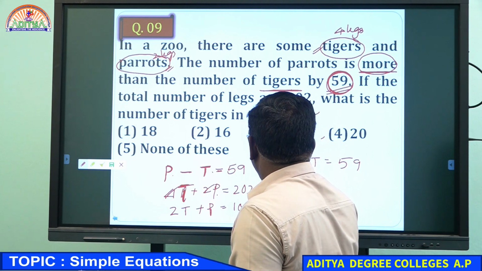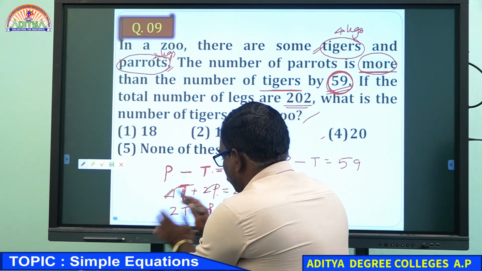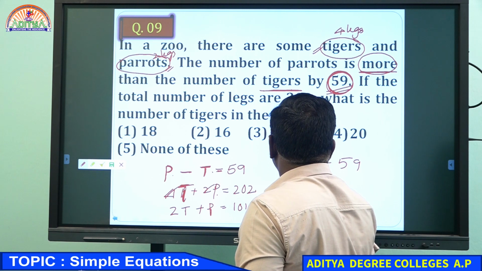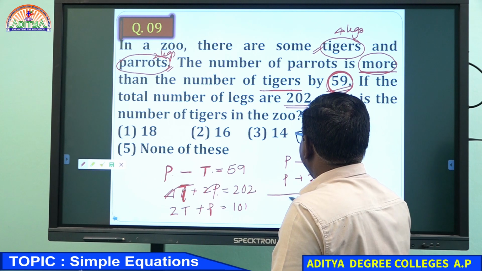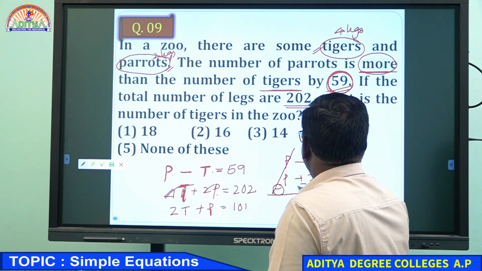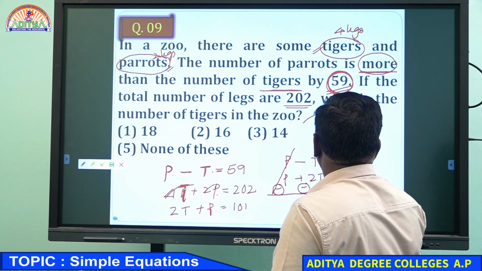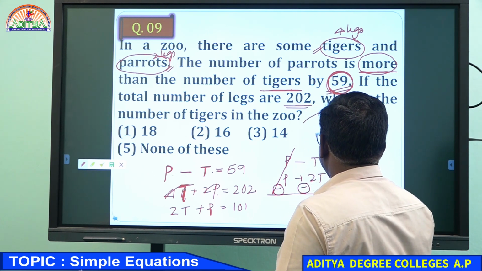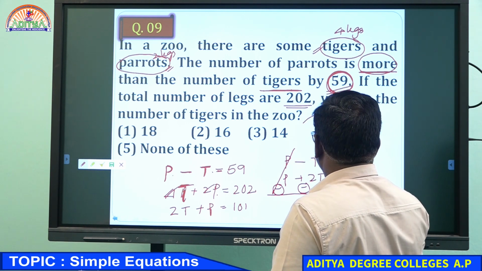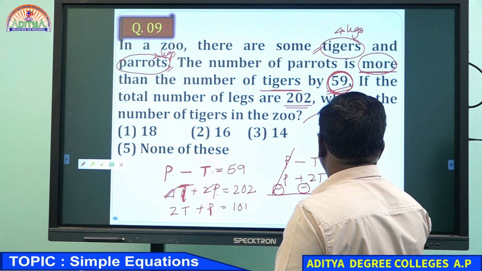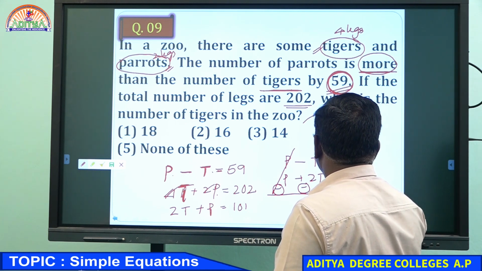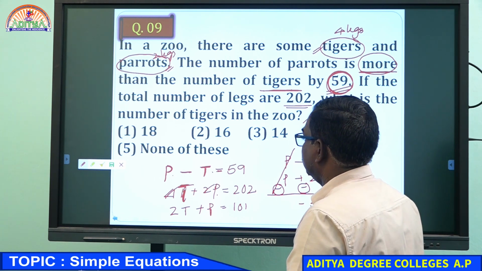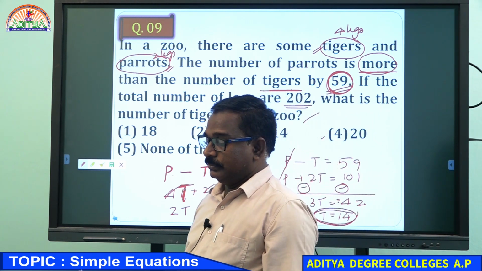Here p plus 2t equal to 101, and p minus t equal to 59. By subtraction, p will be cancelled and this becomes 3t equal to 101 minus 59, which is 42. So t equals 14. Tigers are 14.